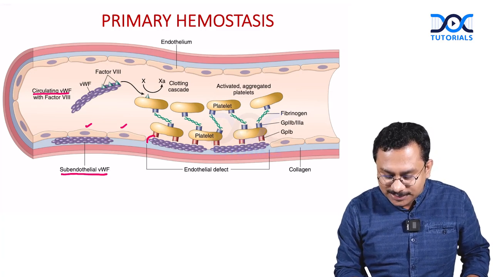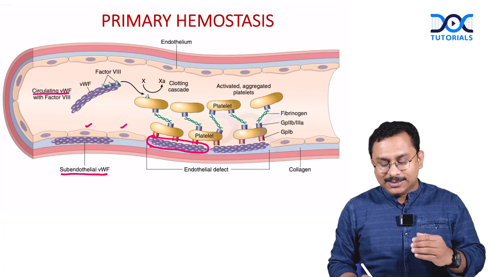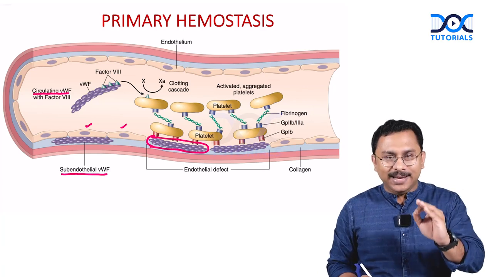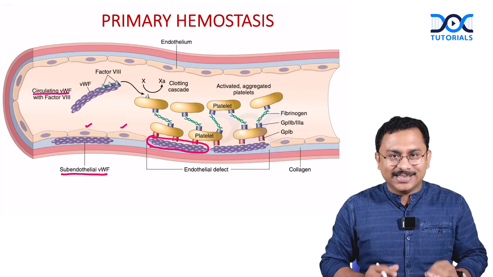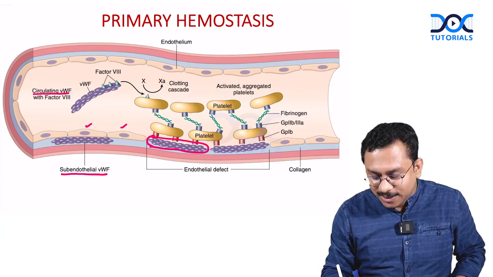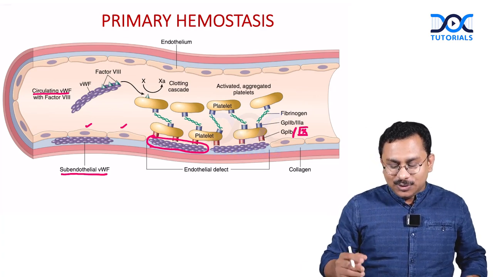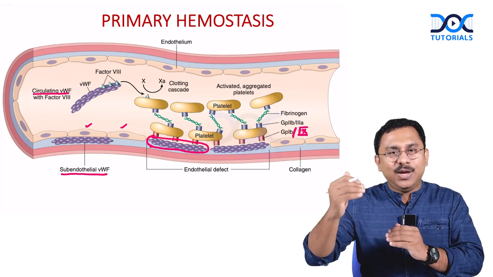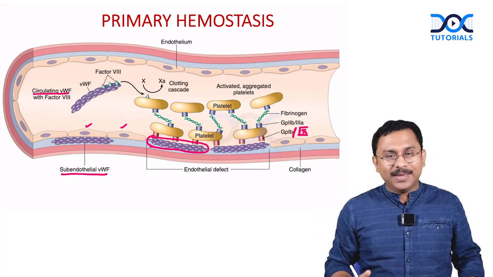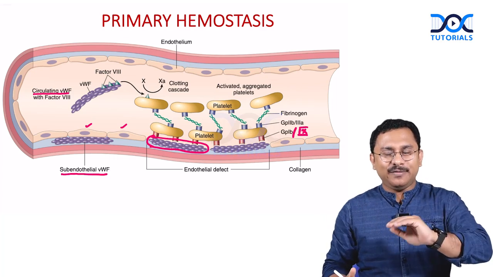On the surface of the platelets, there are various receptors, and you've got one receptor, the glycoprotein GP1B9 receptor, which binds to the von Willebrand factor.